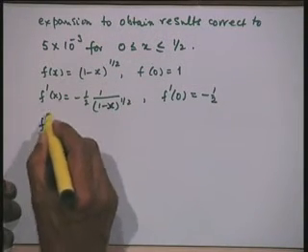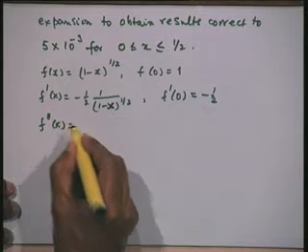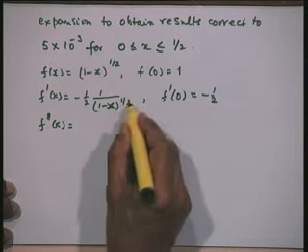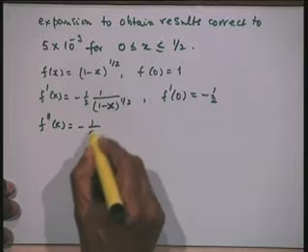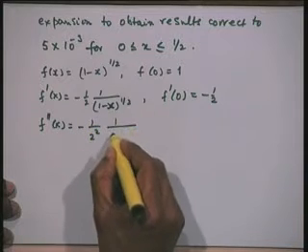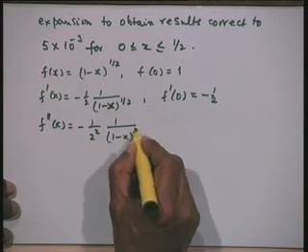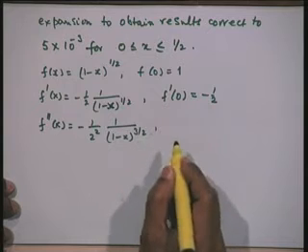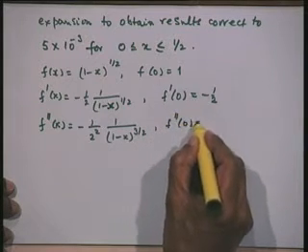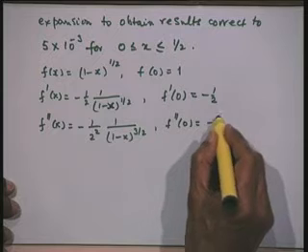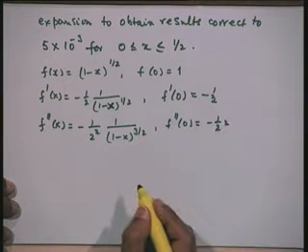Let us write down the second derivative. This is plus, and again a minus sign, so I will have 1 upon 2 square into 1 minus x to the power of minus 3 by 2. So the second derivative at 0 is minus 1 upon 2 square.